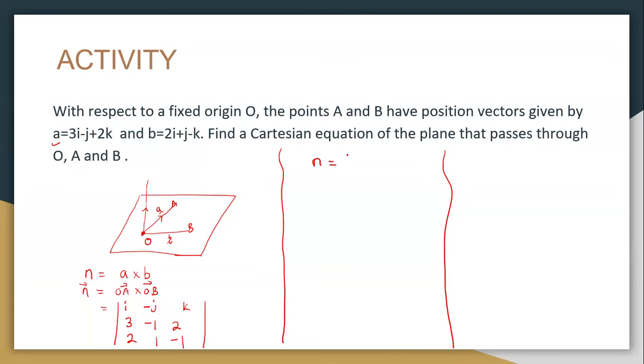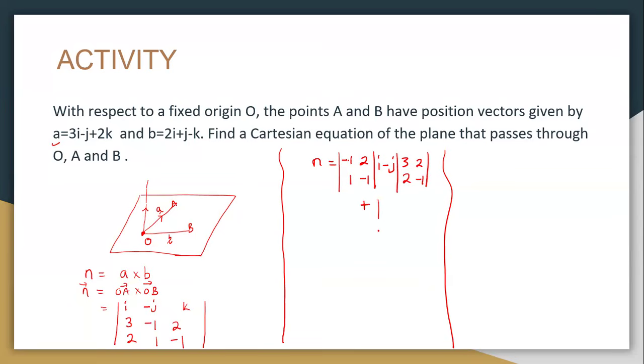Okay, now we have 3. If you take away the i component, we shall remain with -1, 1 down, and -1 in the i. Then we shall remain with 3, 2, 2, -1.